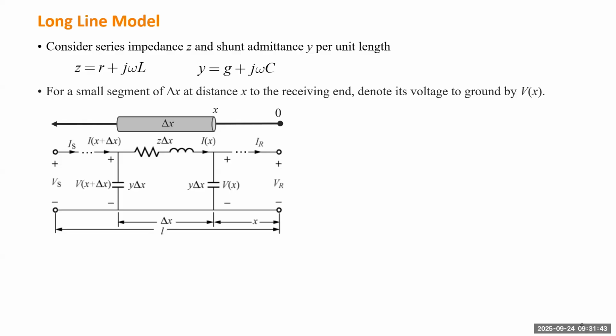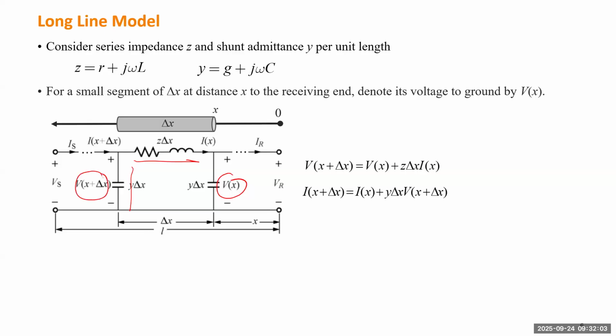Let's continue. Next we utilize Kirchhoff's voltage law and current law on this branch and that branch. For the series branch, the voltage changes from Vs to Vs plus delta S. The difference is the voltage drop due only to this series impedance, so that's delta S times z multiplied by the current.